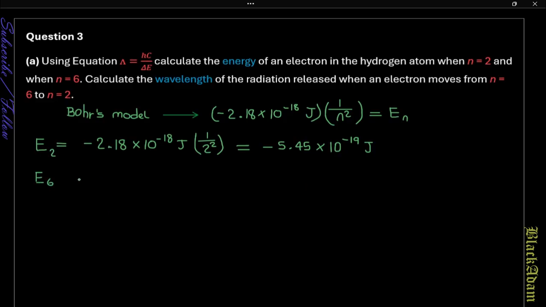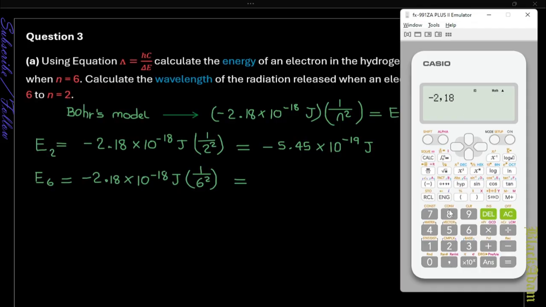And then where n equals 6, it's the same equation: negative 2.18 multiplied by 10 to the power negative 18 joules multiplied by the inverse of 6 squared, which is 36.